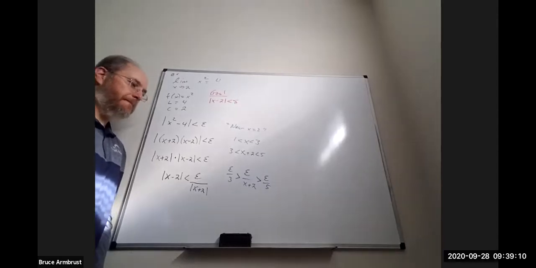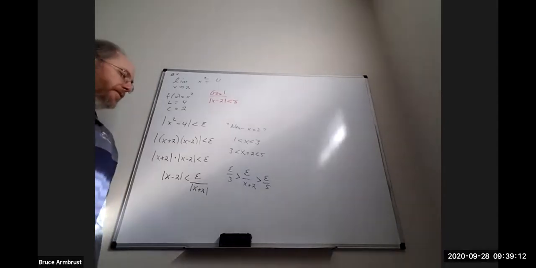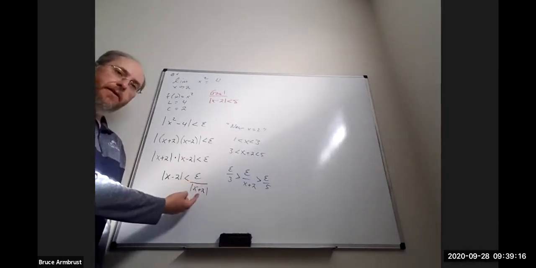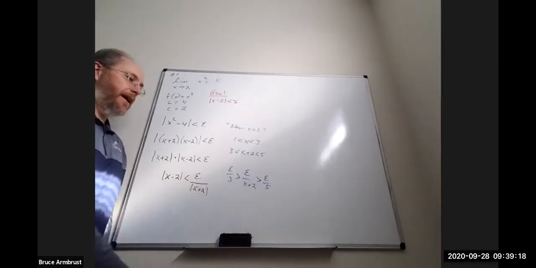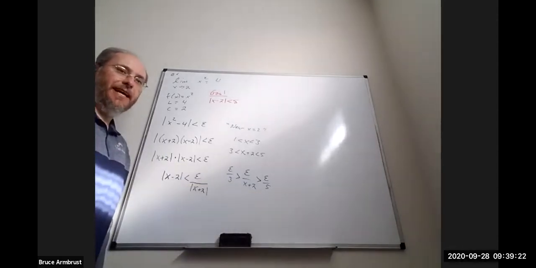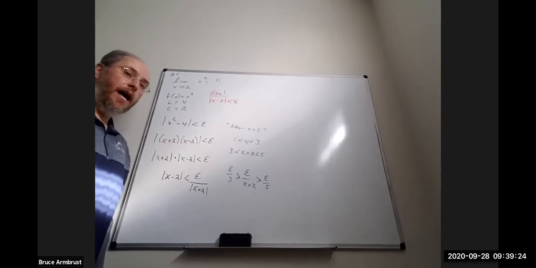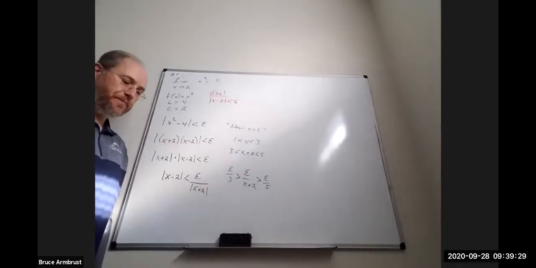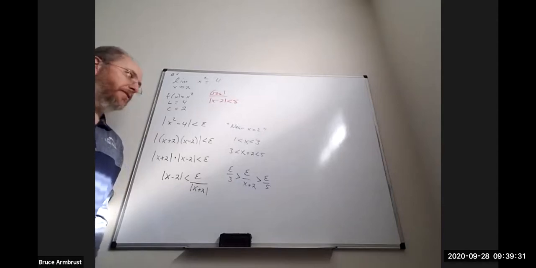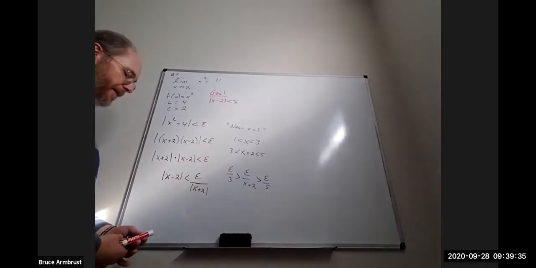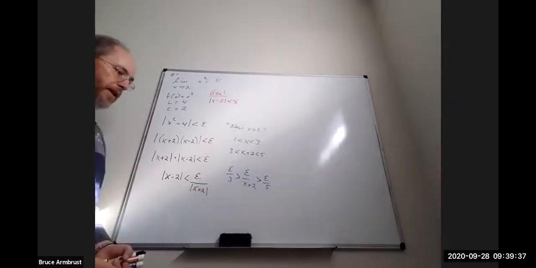All right, now notice what I did was that while I don't know exactly what epsilon over x plus 2 is, I do have, well, an interval in which I know it lies. I know it's somewhere between those two numbers. Okay, so here's what I'm going to do. I'm going to pick delta to be the smaller one.